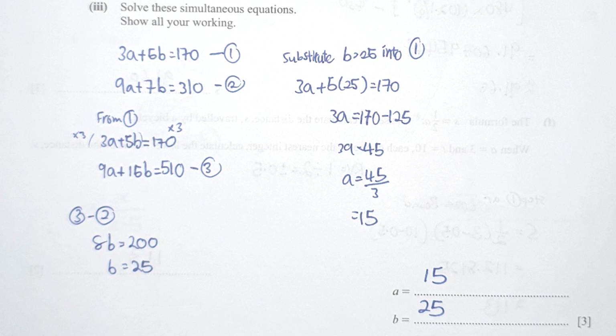Students normally did wrong in this part where they forgot to multiply the 170 by 3 as well. So after the multiplication, you should get 9a plus 15b equals 510. So I took equation 3 minus equation 2, then you get b equals 25. By substituting b equals 25 into 1, you will get the final result of a as 15.